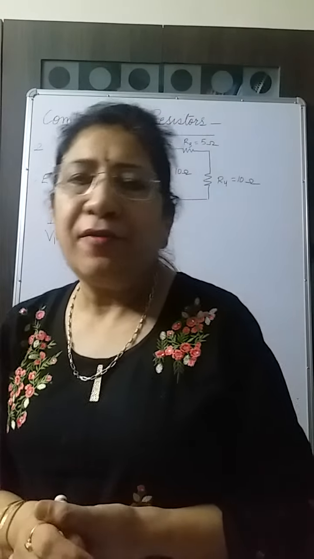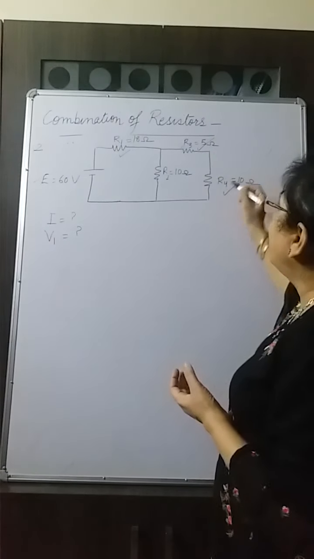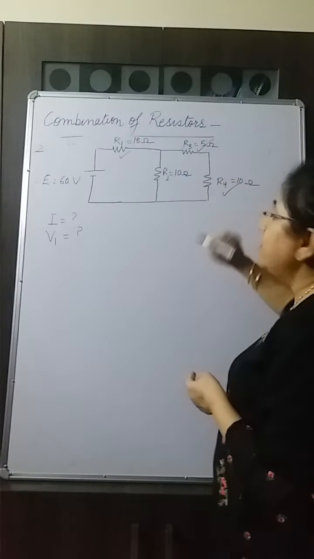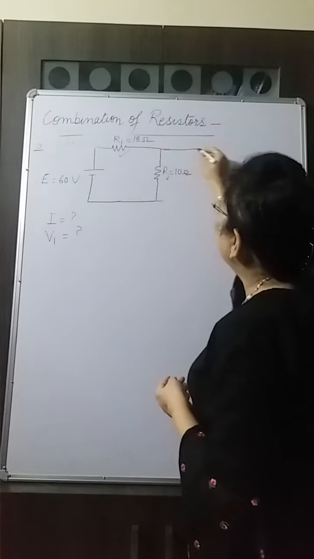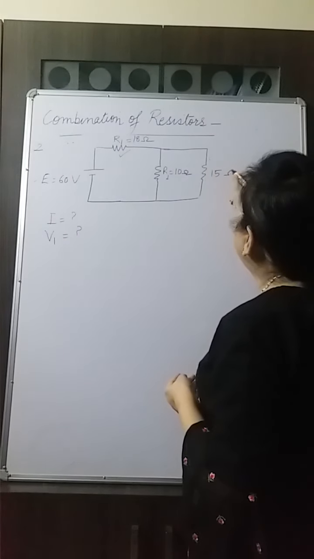Observe the circuit carefully. Again you will see here R3 and R4, they are in series. So 5 plus 10 becomes 15. I can just draw the equivalent circuit here and I get here 15 ohm.